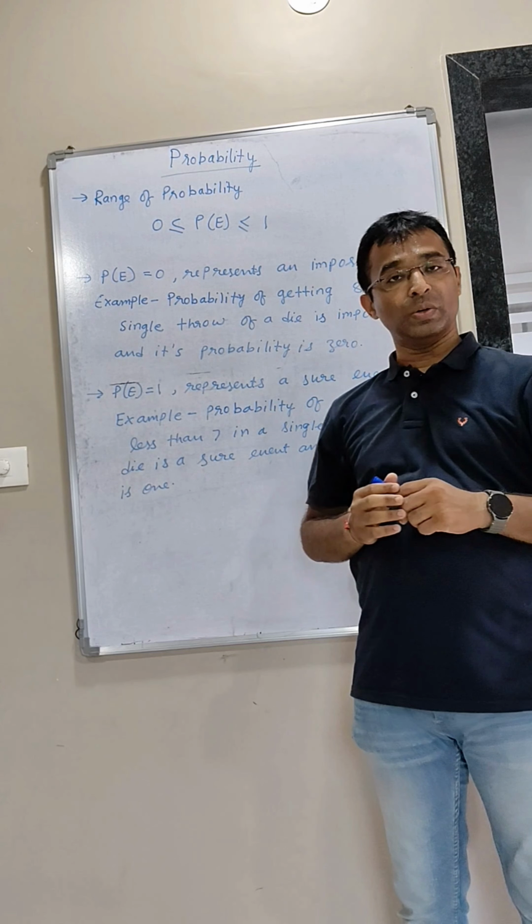So we are taking here the example, a toss of a coin is an event. As I said earlier, an event is a happening of a thing or a sequence. Here, if we take the example of tossing a coin, the possible outcomes can be head or tail. So in total we have two possible outcomes in this event.